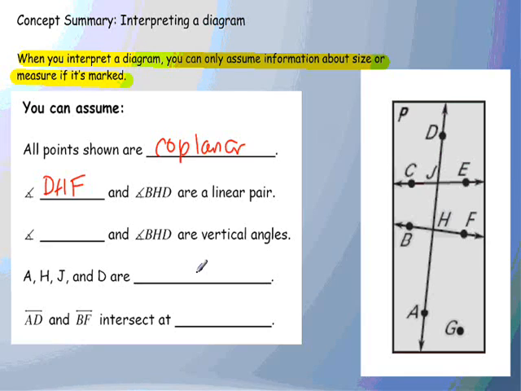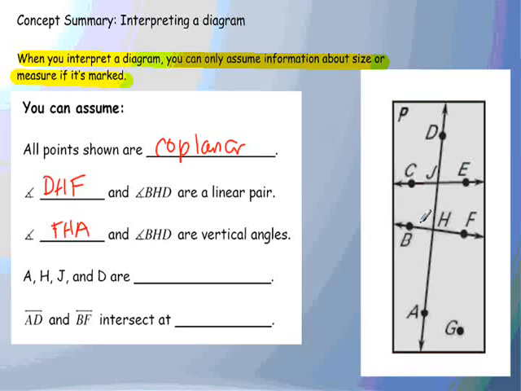They're adjacent and their non-common sides form opposite rays. And then BHD and FHA are vertical angles. Their sides form two pairs of opposite rays.